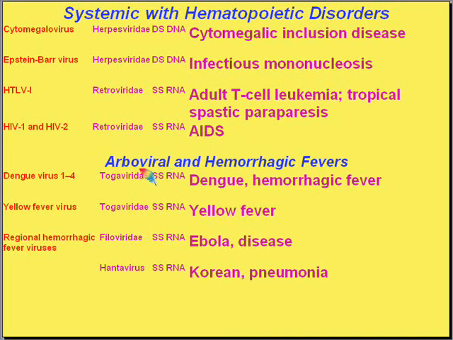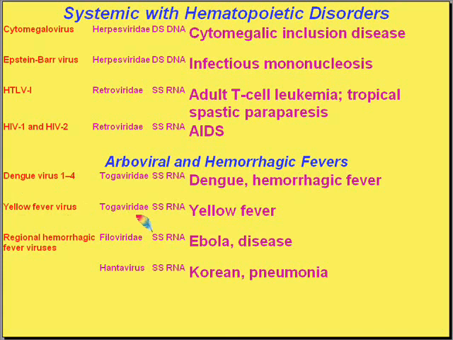Arboviruses are really nothing more than viruses which are generally brought to the human body by arthropods. That's why they're called arbo, arthropod-borne. They cause a wide variety of central nervous system and hemorrhagic fevers. If you hear of dengue, little outbreaks occur every now and then.